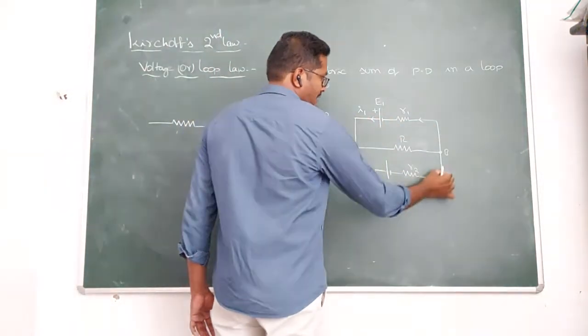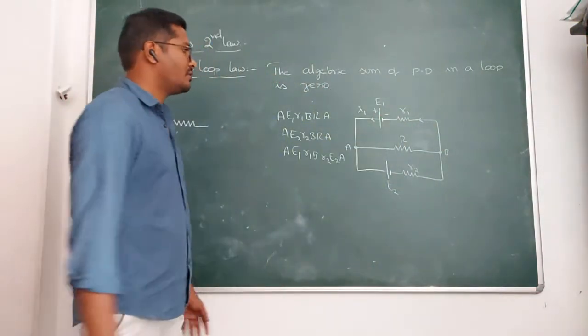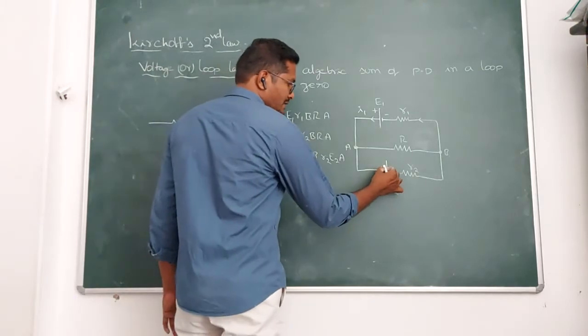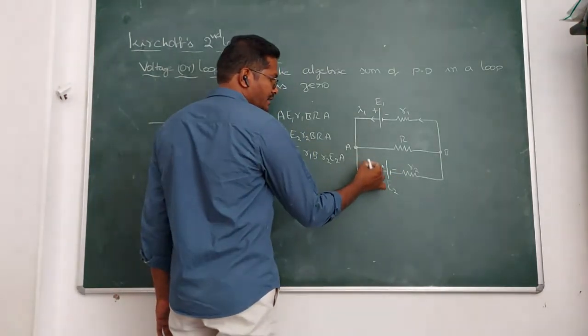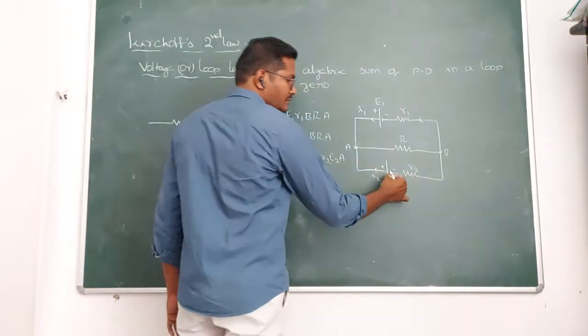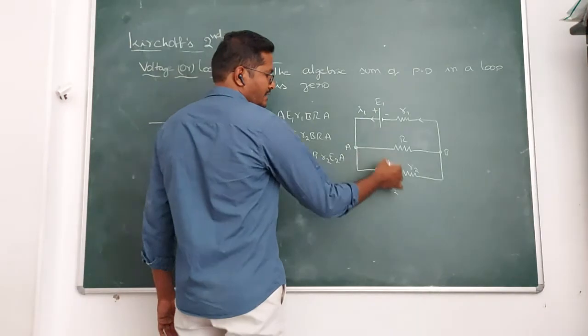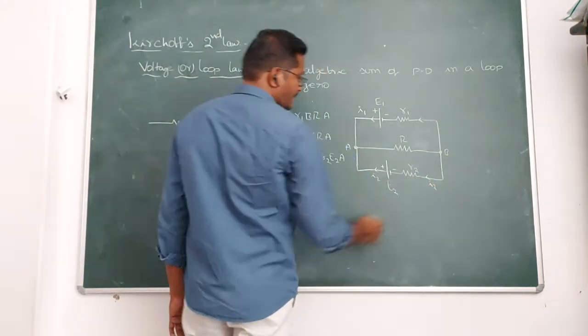I1 is moving in this direction and enters at the negative terminal. And from E2, current moves from positively higher potential, which is I2, and enters at a negative terminal. So this is the direction of I2. Here at R2, I2 is moving in this direction.